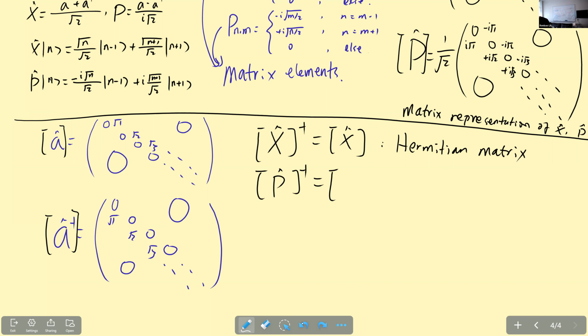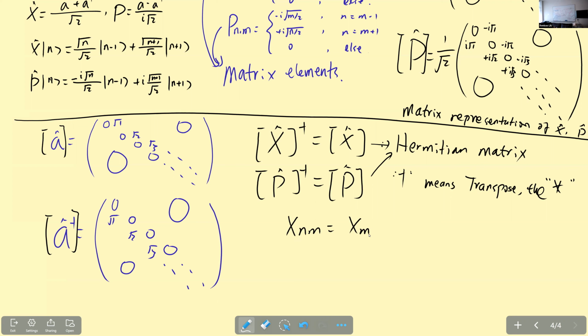So they are all Hermitian matrices, and this dagger means transpose, then complex conjugate. So this basically means that A_mn dagger equals A_nm complex conjugate. So this one is the transpose, and this one is the complex conjugate.